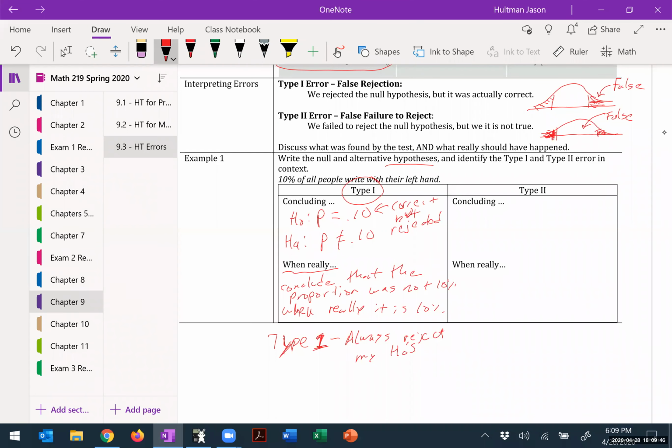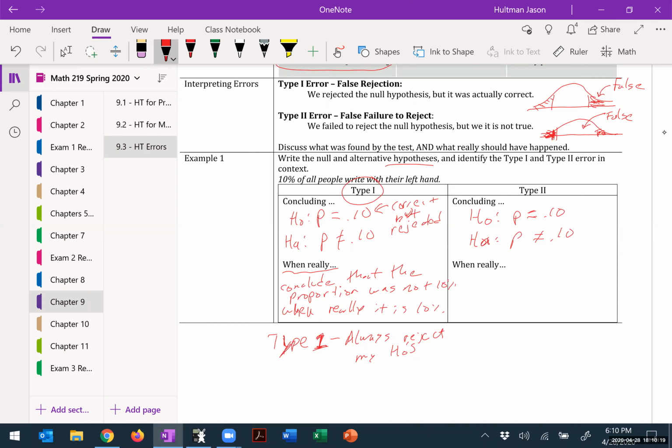What about a type 2 error? My null hypothesis is that the probability is 10%. My alternative, again, is that the probability is not 10%, and this is for left-handed people. For type 1, I would conclude that the proportion of left-handed people is not 10% when really it is. For type 2, what would we do? We would falsely not reject.